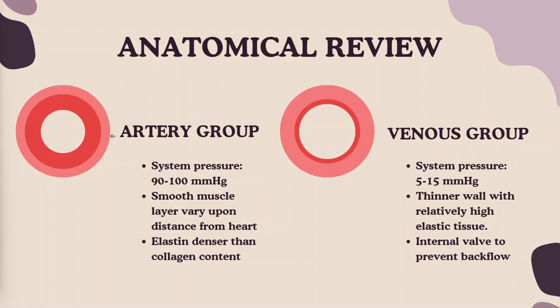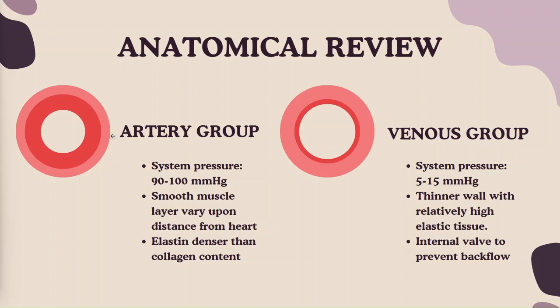However, the venous group has much denser connective tissue as well as the internal wall to prevent the backflow of the blood within the system, as well as the assistance of the surrounding muscle to transport the blood with large content of carbon dioxide back to the heart.